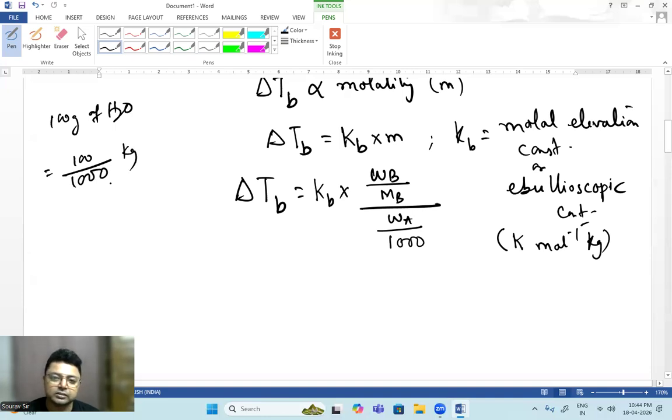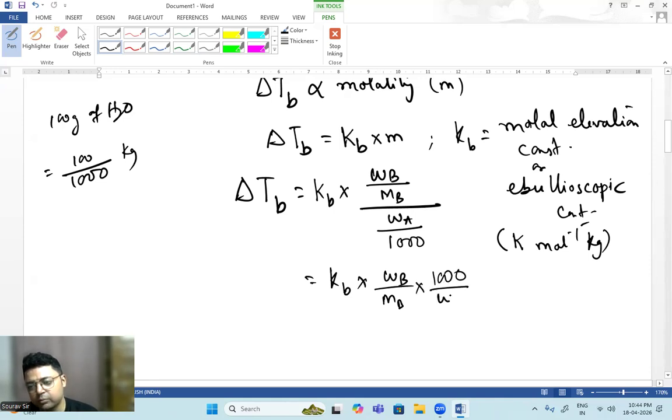In molality, we need the number of moles per unit kg of the solvent. So it will simply be Kb into WB by MB into 1000 by WA.